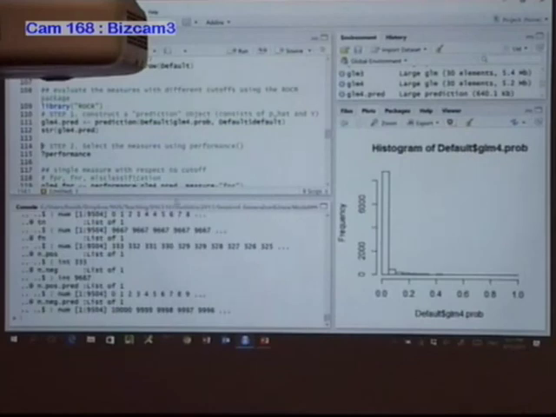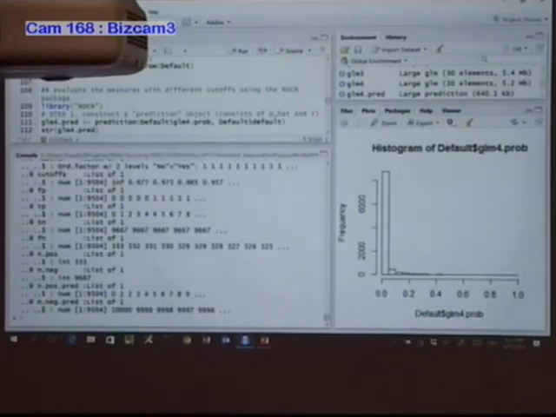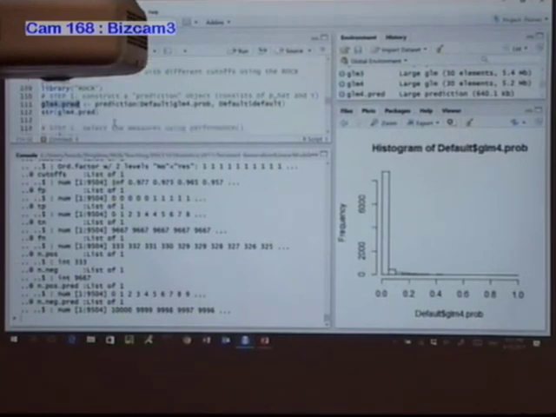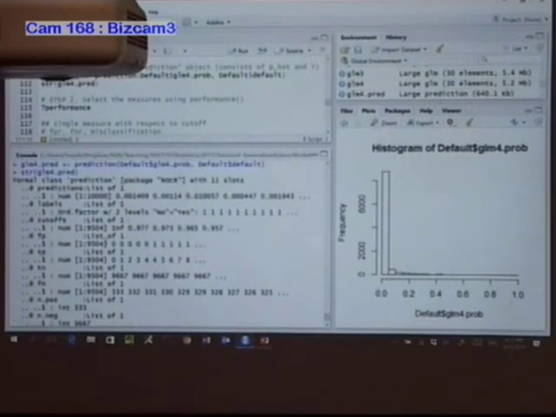Oh, it actually does a lot of things internally. Let's see what's inside. That's the GLM4.pred. This is a prediction object, but inside, it has done a lot of things. The important thing to note is, I'm just giving it the probability and the true Y's.